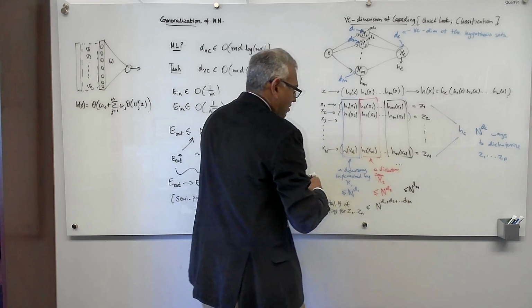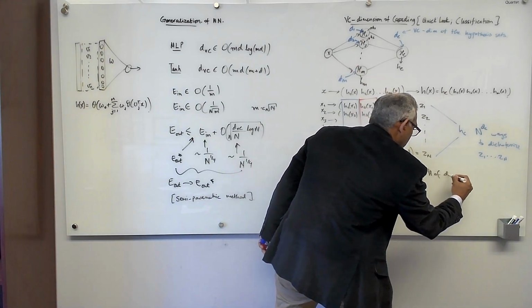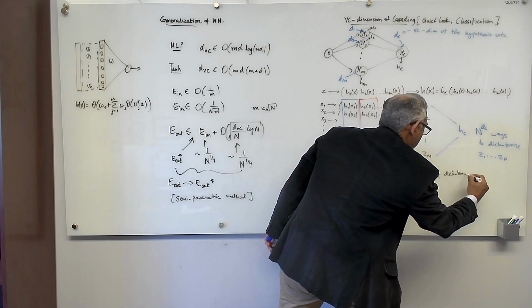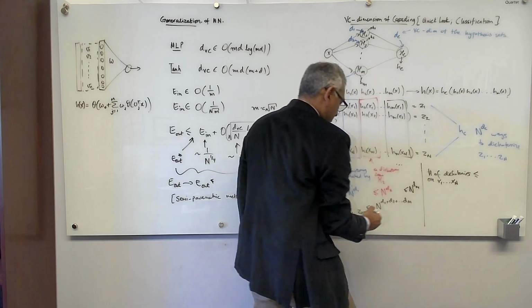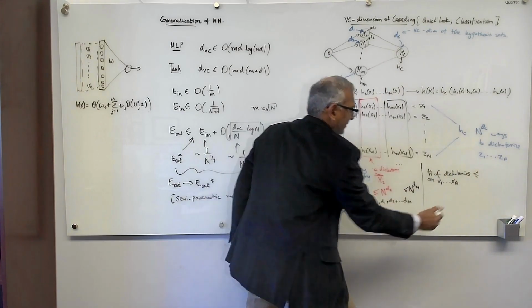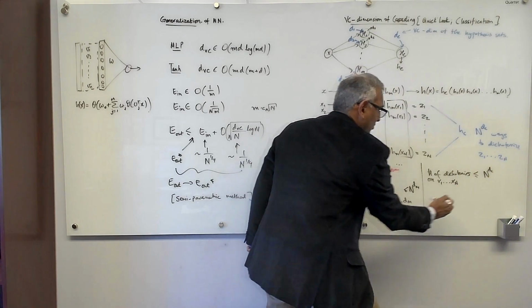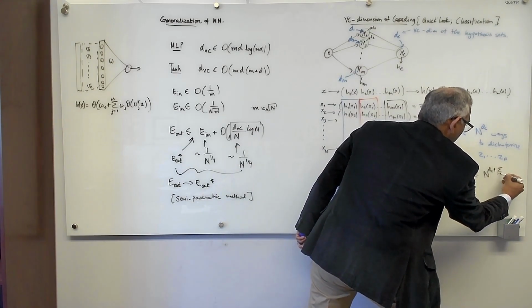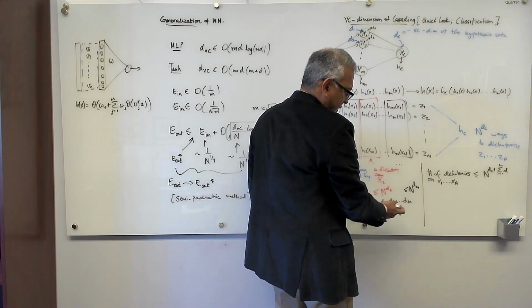So the number of dichotomies on x1 up to xn is at most n to the dc times n to this sum, which is n to the dc plus the sum from i equals 1 to m of di.